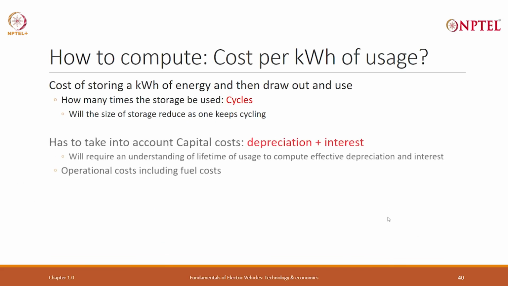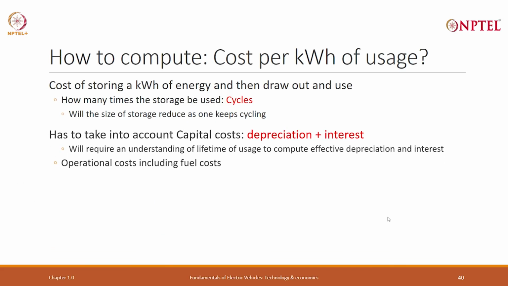Second, I start with, let us say, 1 kilowatt hour. As I start using it, the battery storage capacity keeps on reducing. Remember that I mentioned it. I need to worry about that because I could use 1 kilowatt hour in the beginning, but I cannot use it after some time. So, I need to take that into account also. Then as I told you, I have to take the capital cost, depreciation and interest.